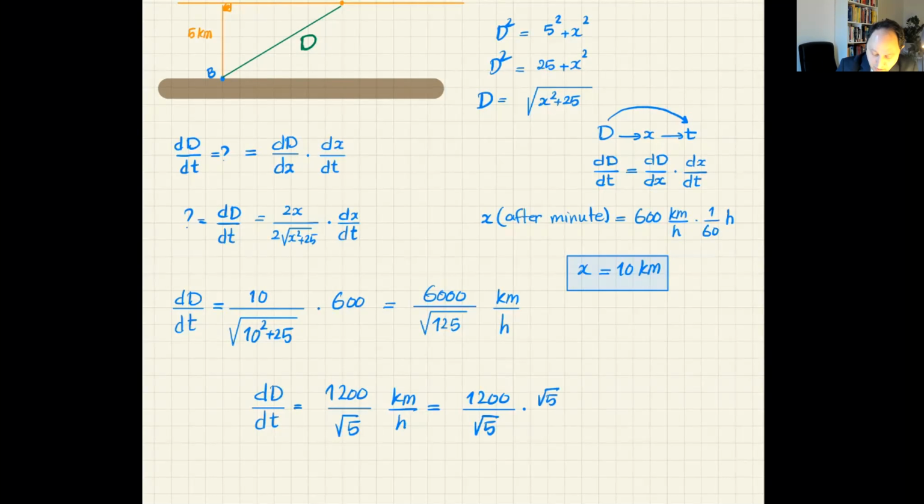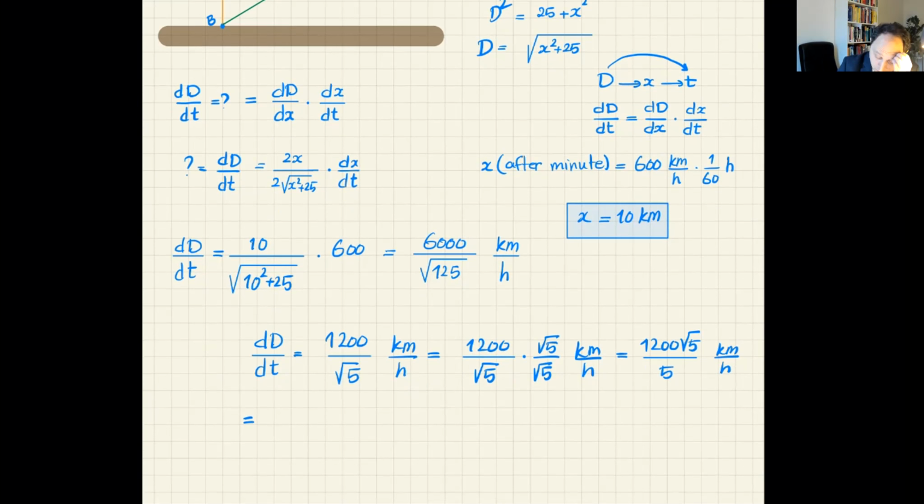I will multiply this by square root of 5, I rescale it by this to get rid of this square root in the denominator. So it becomes this one divided by 5 kilometers per hour. And then if I divide this by 5, it becomes 240. So this means that the question mark that I was looking for is just 240 square root of 5 kilometers per hour.